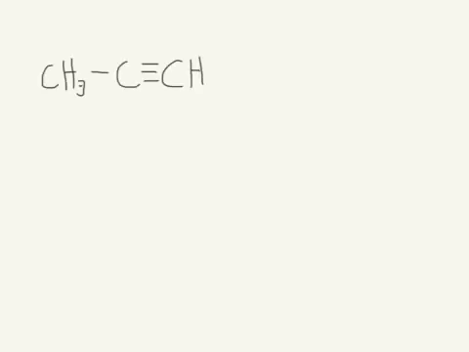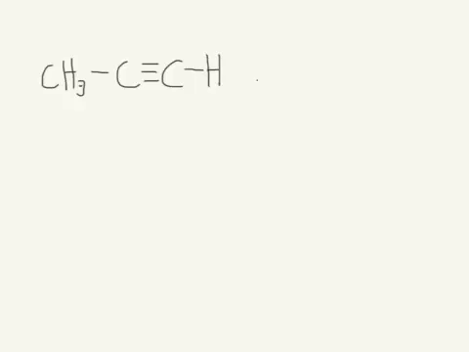To make this work, you need a terminal alkyne. The triple bond has to be at the end of the chain. One of the triple bonded carbons has to be bonded to only a hydrogen, because we're going to rip that hydrogen right off.